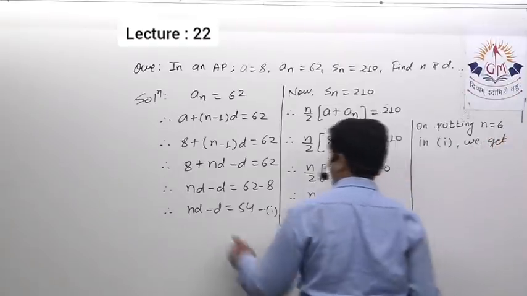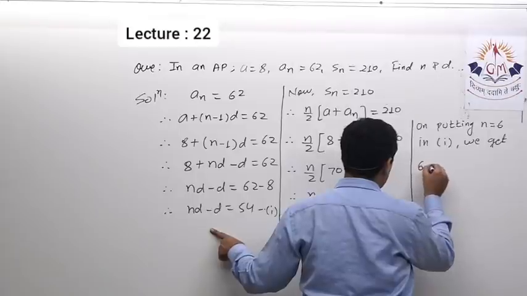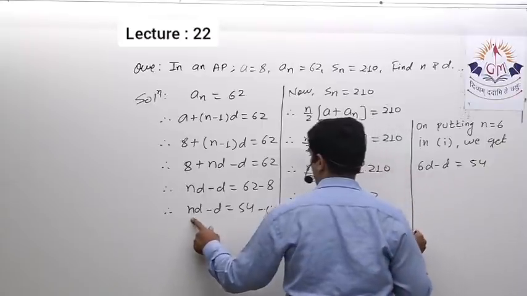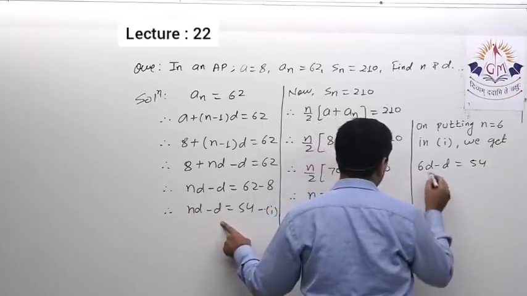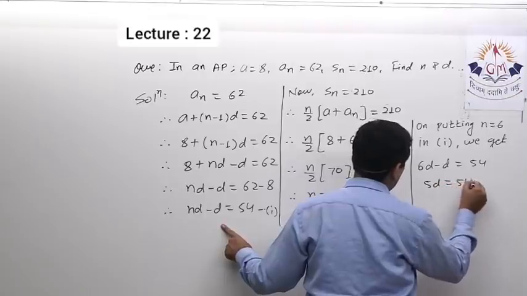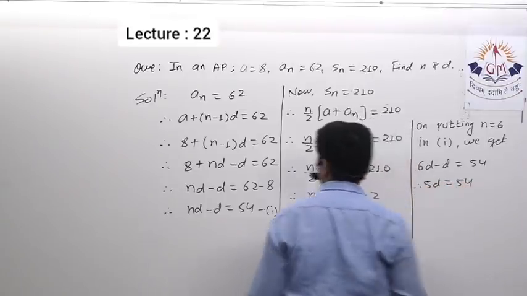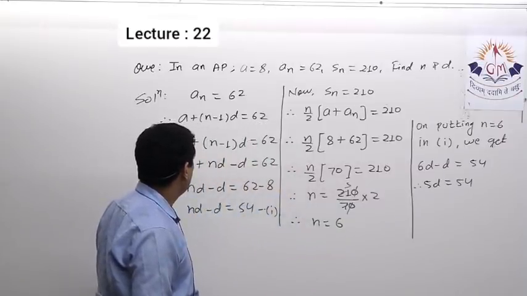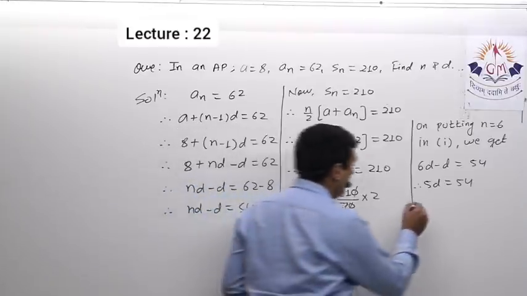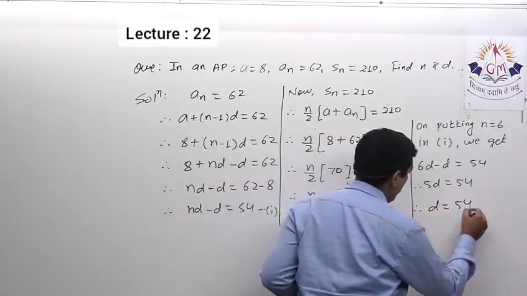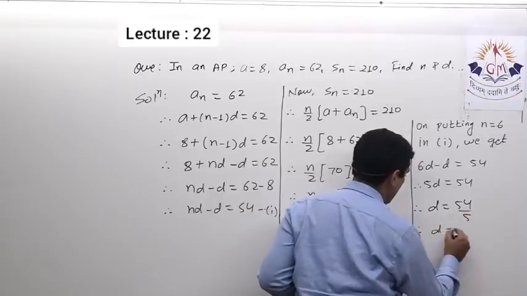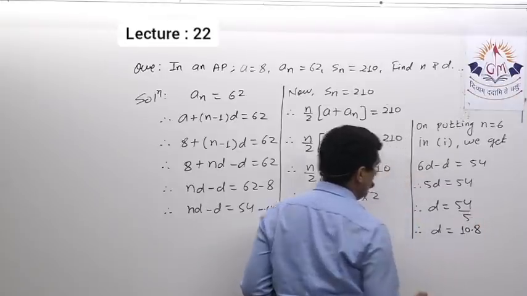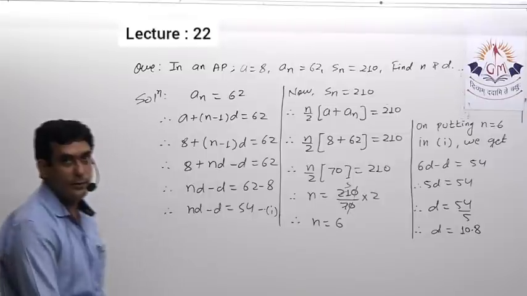So 6d minus d is equal to 54. n equal to 6, so 6d minus d, that is 5d is equal to 54. So d is equal to 54 upon 5, therefore d is equal to 10.8. Please note it down, then we'll see the next question.